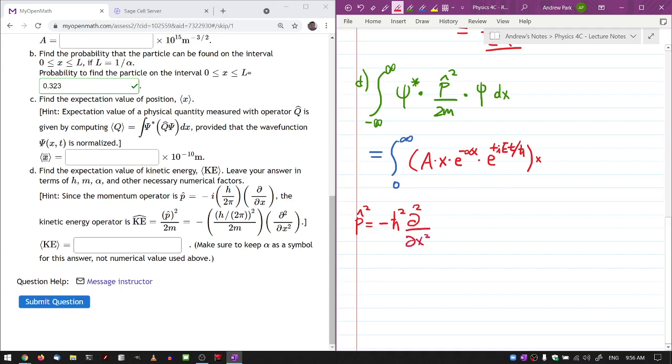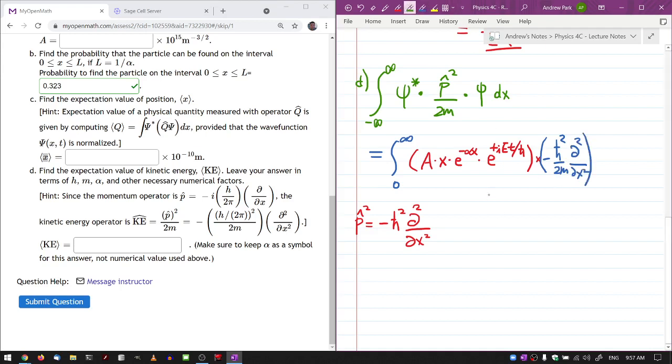So that's going to be my momentum squared operator multiplied by 1 over 2m. So it's going to be minus h bar squared over 2m, and the second position derivative of the wave function again.